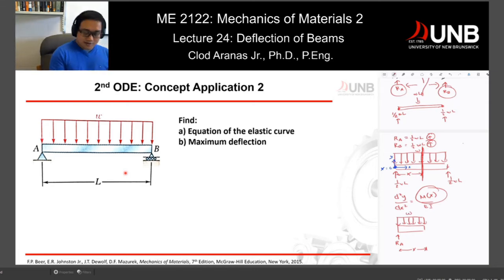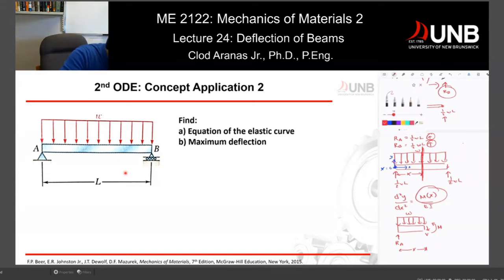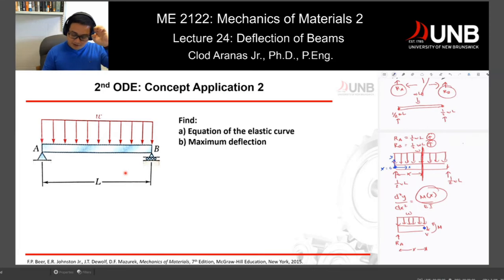Then I have V, and I have my moment right there. Now I can establish my moment equation using the following. I can sum my moments at the end of my beam, say right here, and then I can find the numbers.